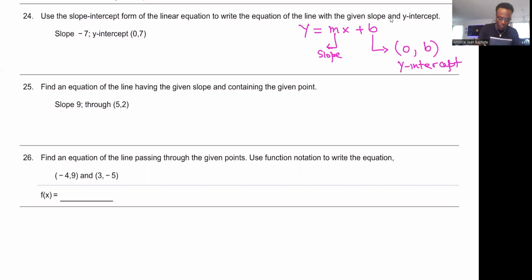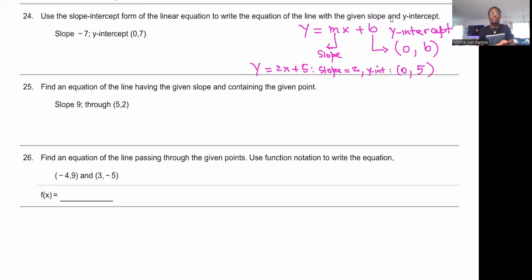For example, if I have y equals 2x plus 5, the slope of the line is 2, or 2/1, and the y-intercept is (0, 5).